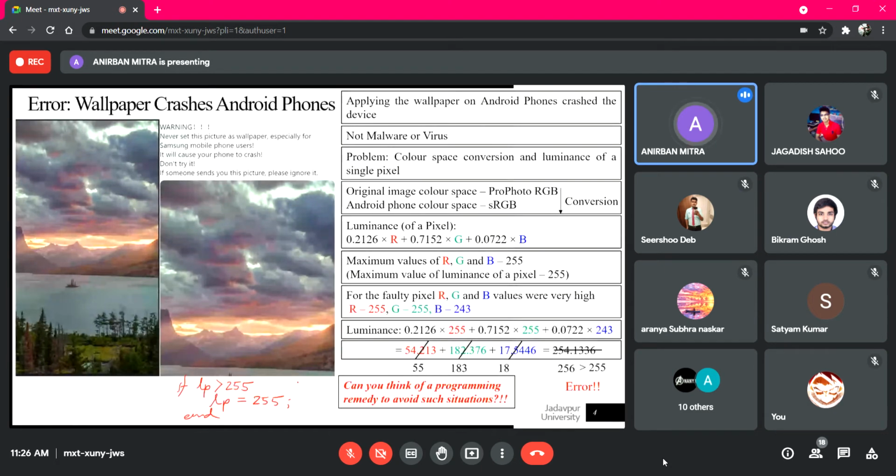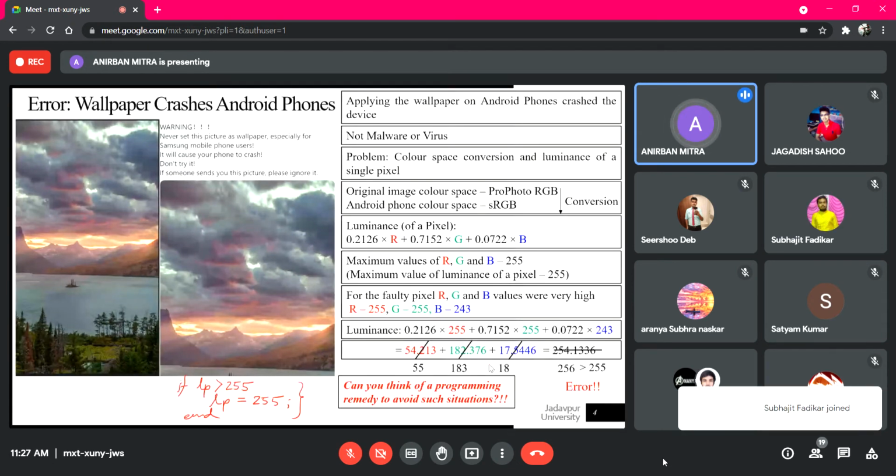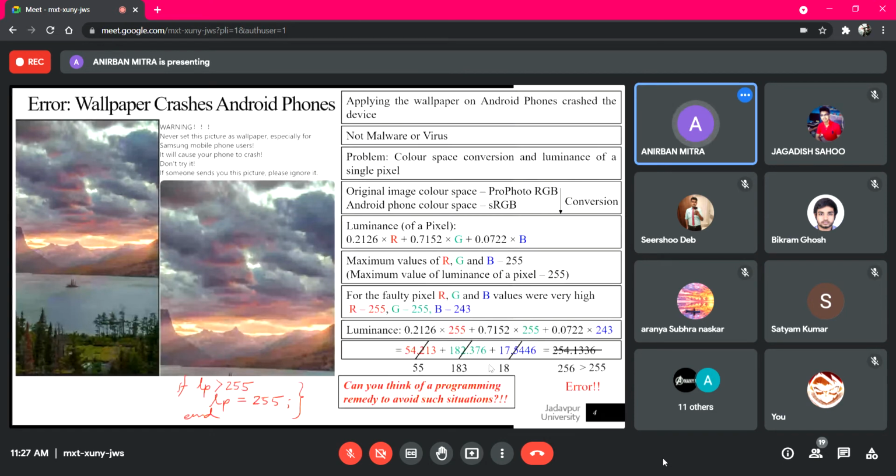So that is the simple bit of code that could have avoided this problem. And obviously, it has been rectified from the next version of Android onwards. So from Android 11 onwards, you do not have this kind of a problem.